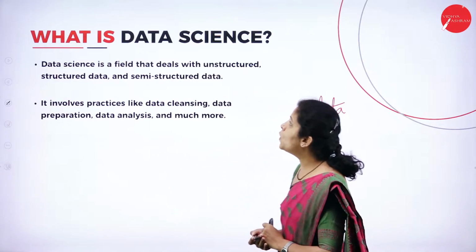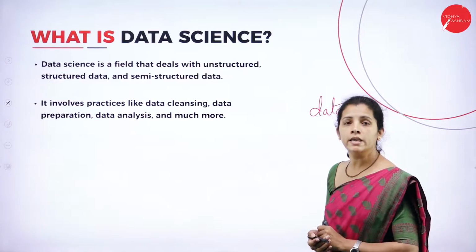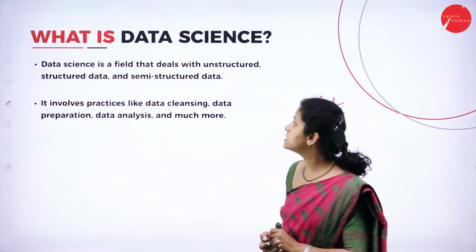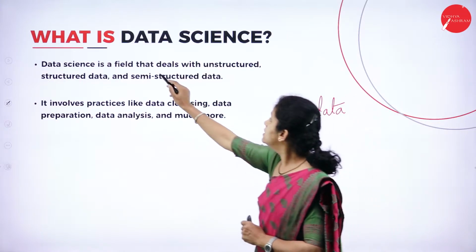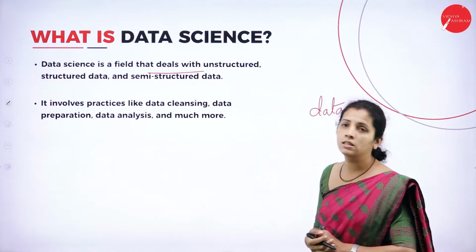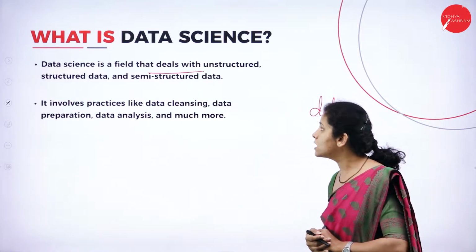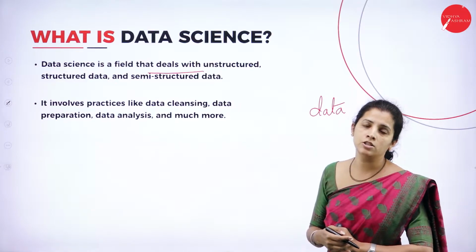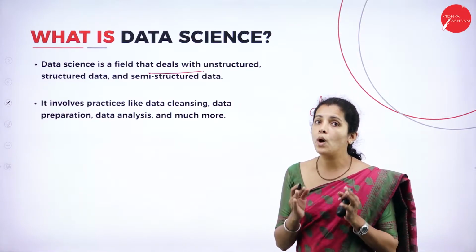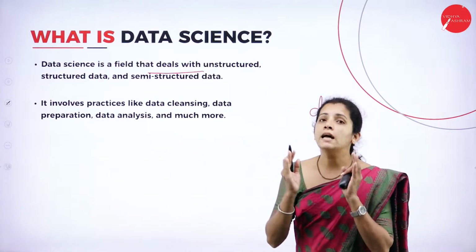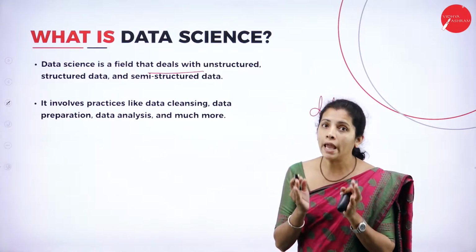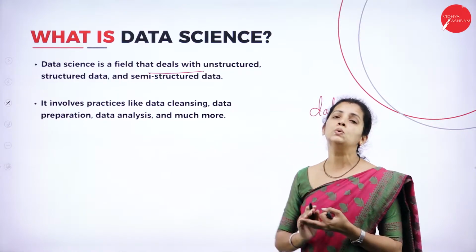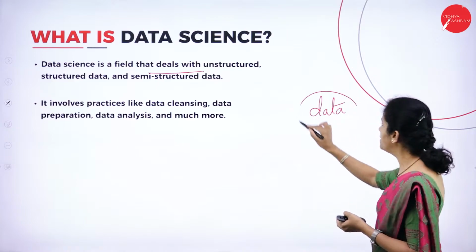Now, if I go with data science, data science is a field that is going to deal with unstructured, structured and semi-structured data. So what is data science? It is nothing but the field or area that includes data.